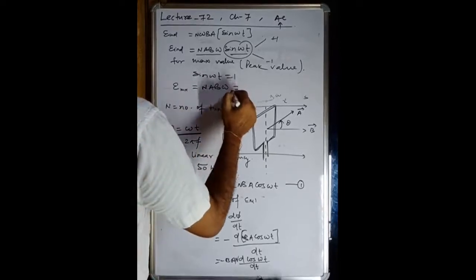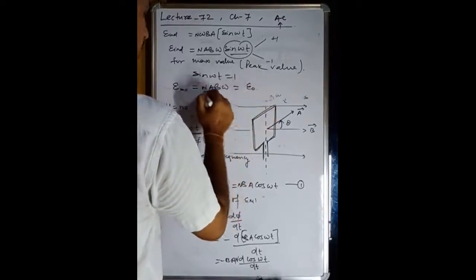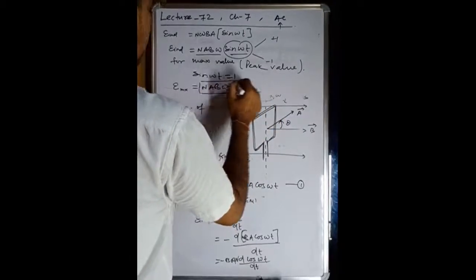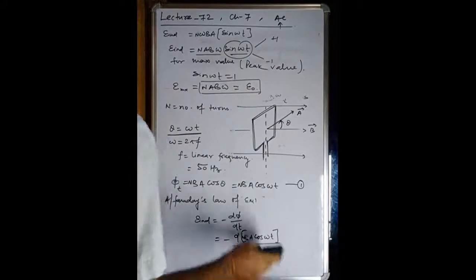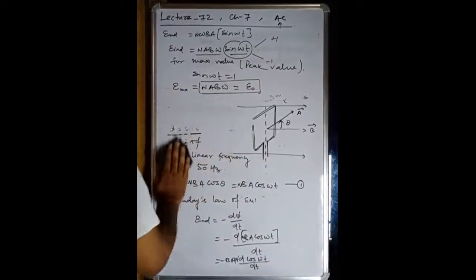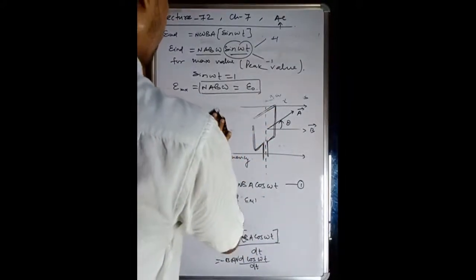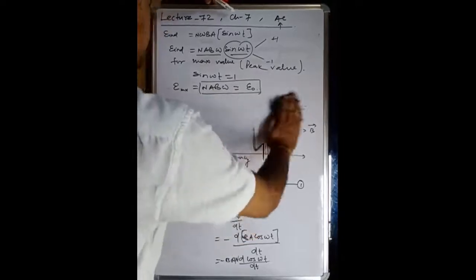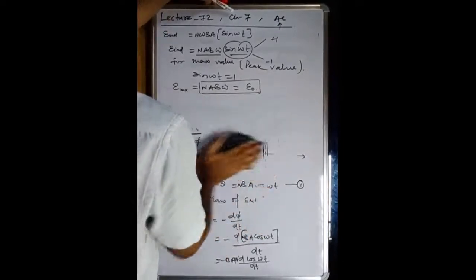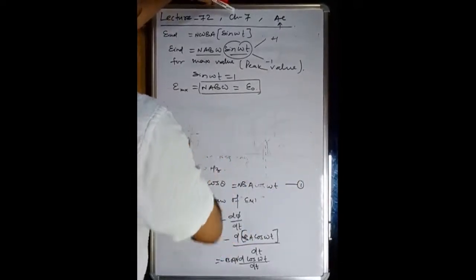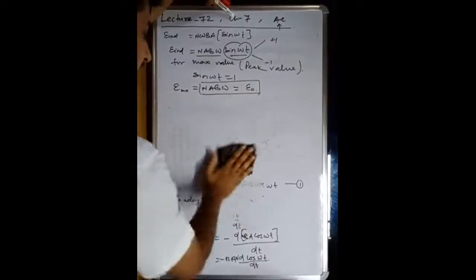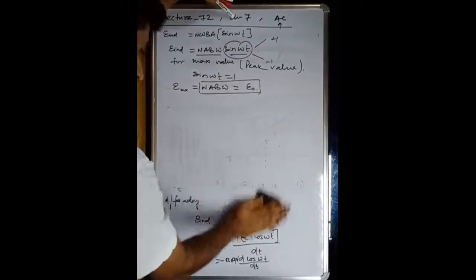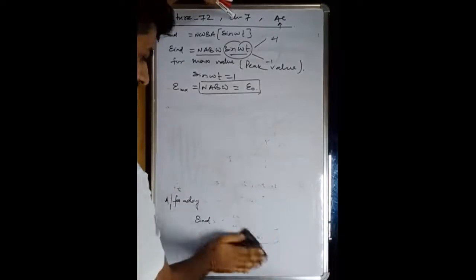This E max is represented by E naught. In our derivation, we will represent it by E naught. Okay, now the next. We are going to find the relation with the instantaneous value and the EMF.